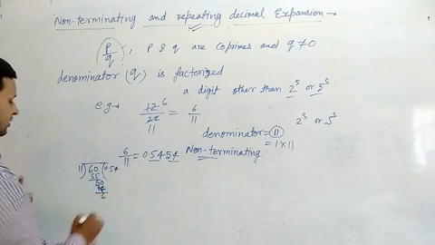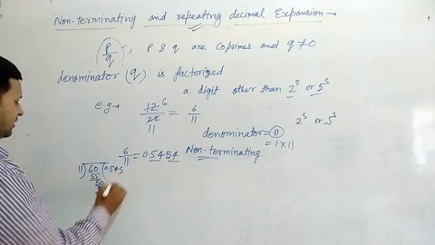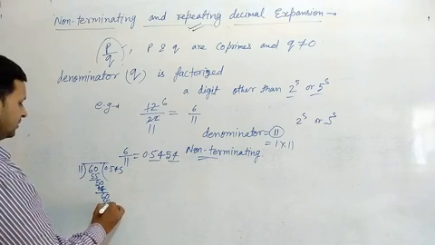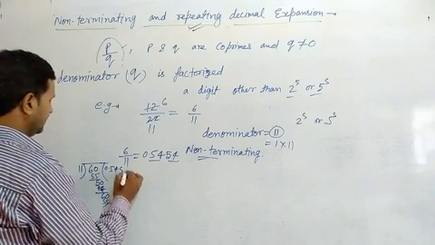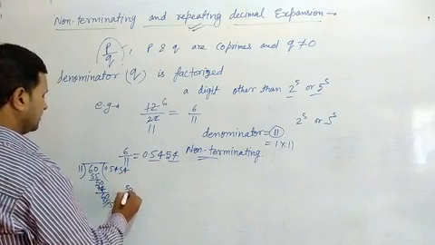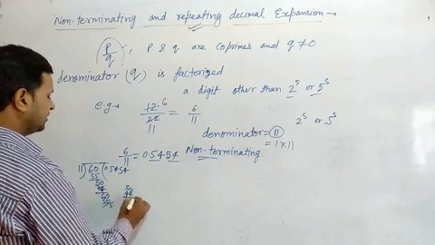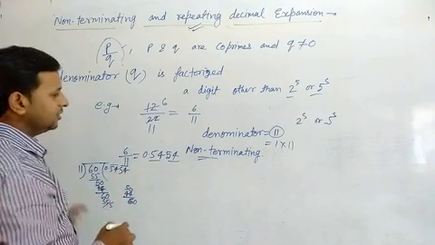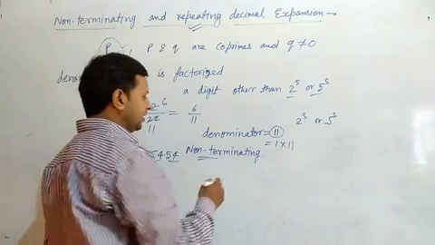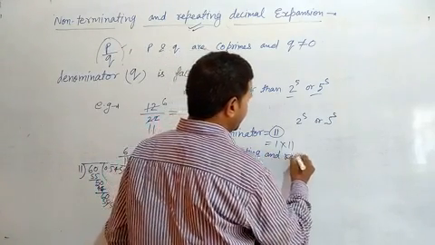Here we get 6 and here 60. 11 fives are 55. We get 5. Again 50, 11 fours are 44. We got 6. Again 60. It means we can say that 5 4 5 4 will repeat again and again. So it is also repeating.